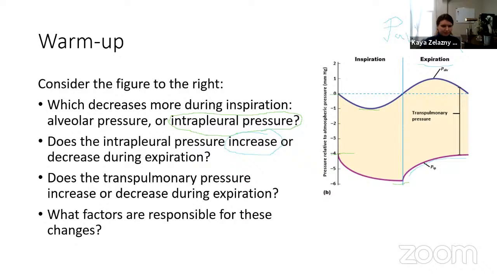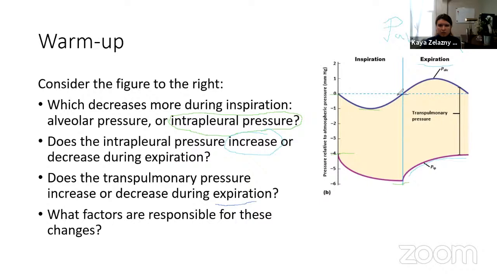Okay, great. So if we're looking for whether it increases or decreases during expiration, we'd want to look at what it is at the start and then at the end of our expiration. At the start, we have this blue line down the middle.